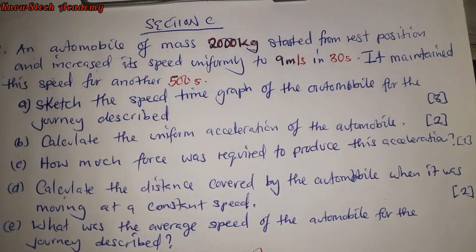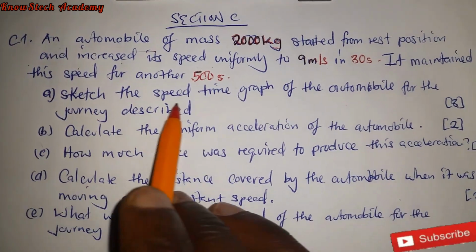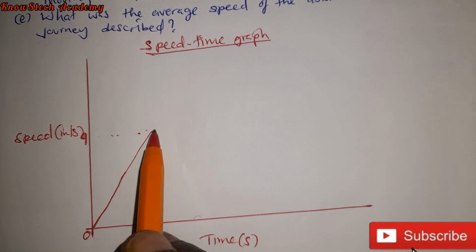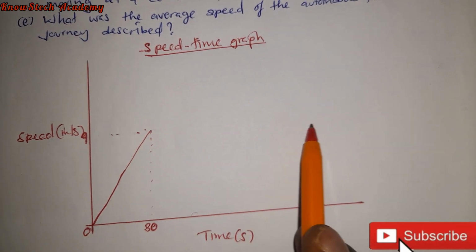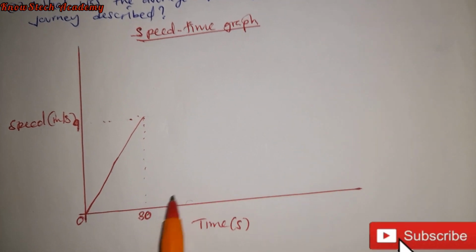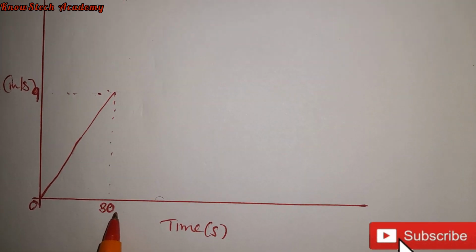The other statement is that it maintained this speed for another 500 seconds. Maintaining speed means you have a flat graph here. It was moving at 9 meters per second. So we can't just write 500.